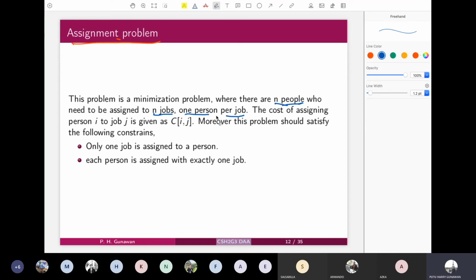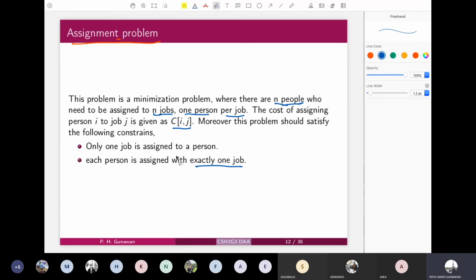The cost of assigning a person is given by the cost matrix C, with i as the persons and j as the jobs. The problem should satisfy the following constraint: only one job is assigned to a person, and each person is assigned exactly one job.